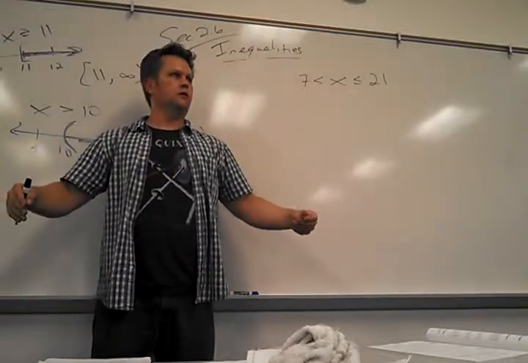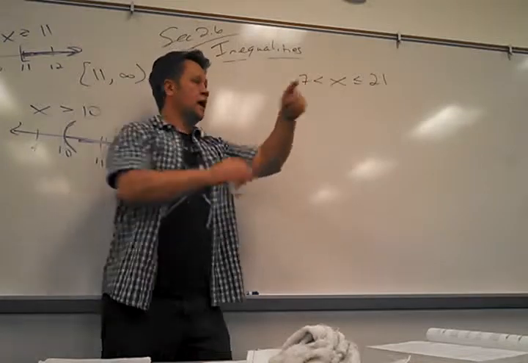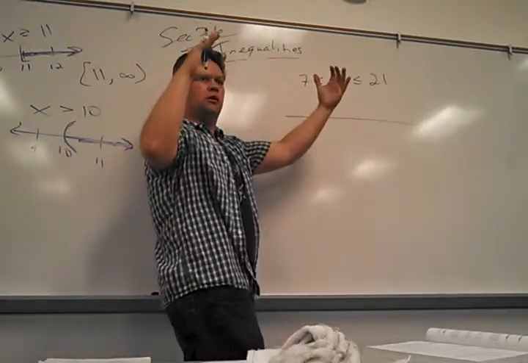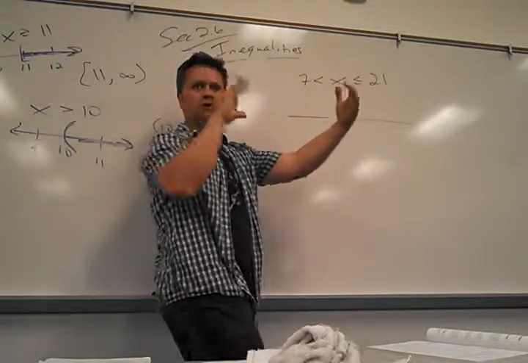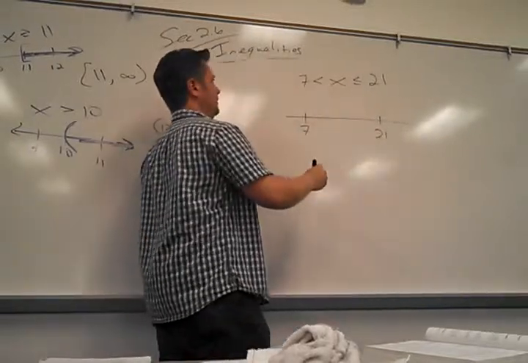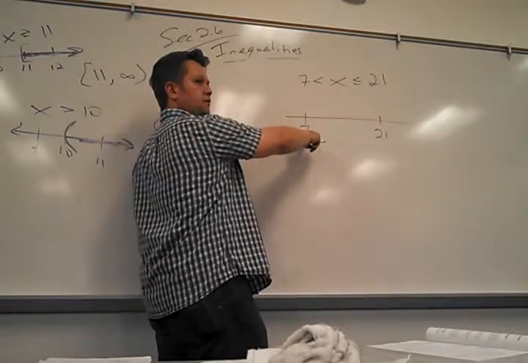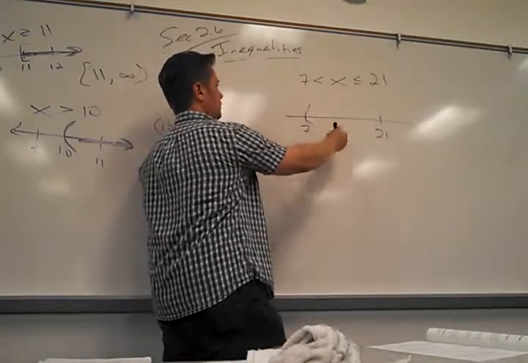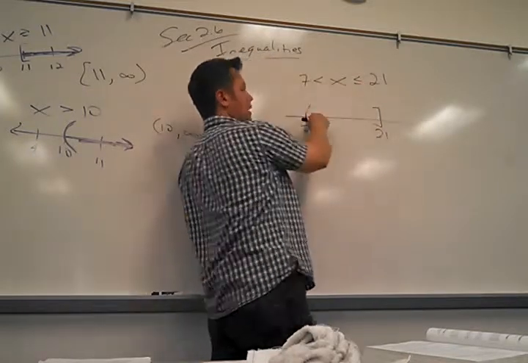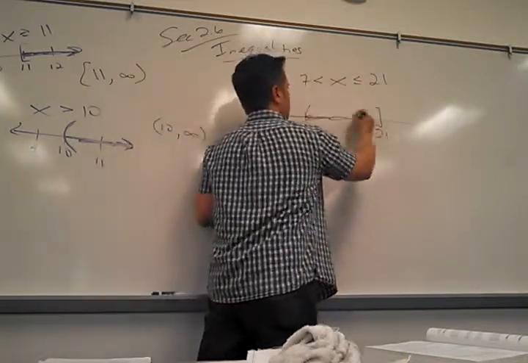So you shaded between 7 and 21? Exactly. So on a number line, this is almost easier than those. It's kind of nice when they're, I call it sandwiched. They're sandwiched in there. You got your 7, you have a bunch of crap, and then you got 21. What goes on the 7? Parentheses. And what goes on the 21? Bracket. Because that's included and that is not. It is shaded in the middle.